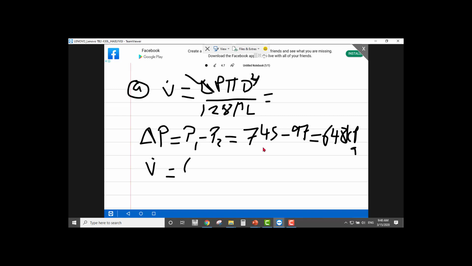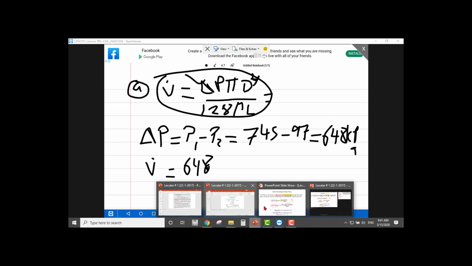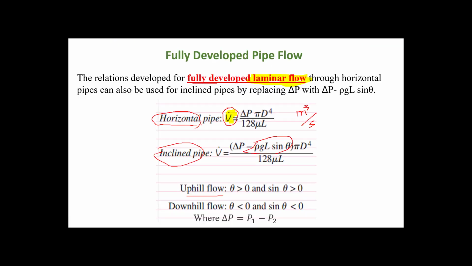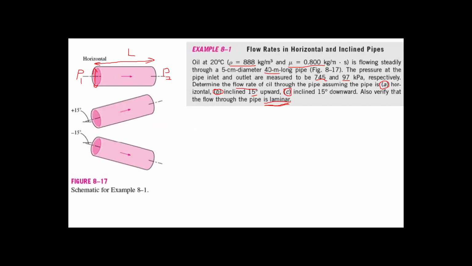Okay, 648. And remember that this equation is for horizontal, and case A is horizontal. Okay, this is a horizontal pipe.